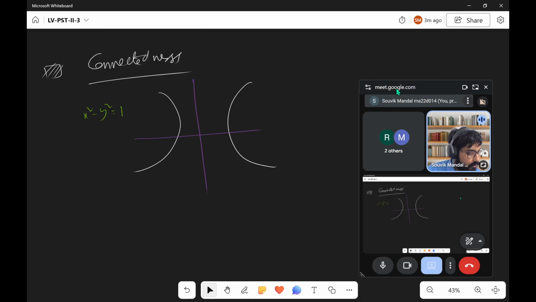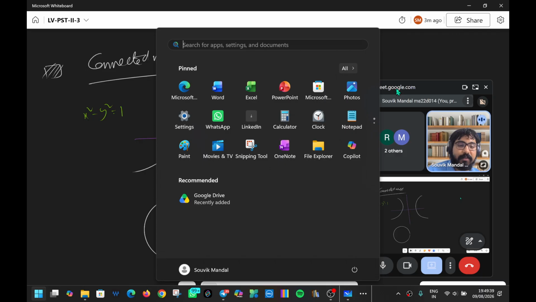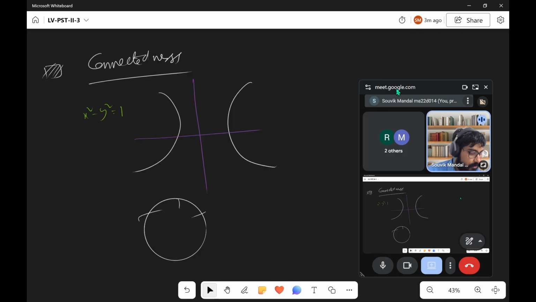However, if you consider a circle, every point is connected, so we can say that it's connected. One obvious intuition is that we choose any point x and any point y.